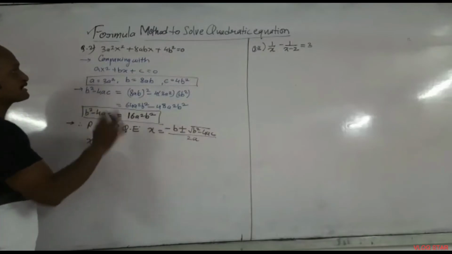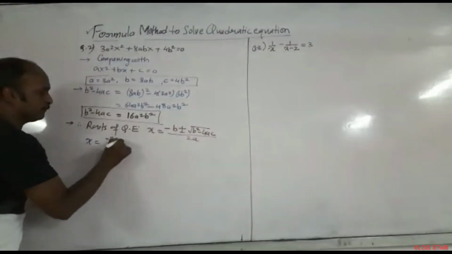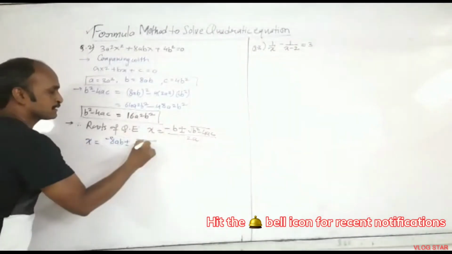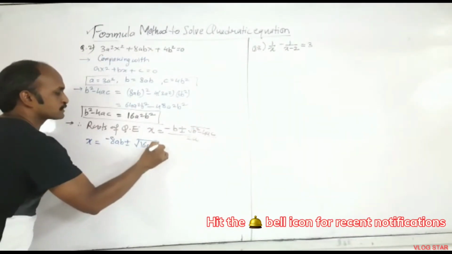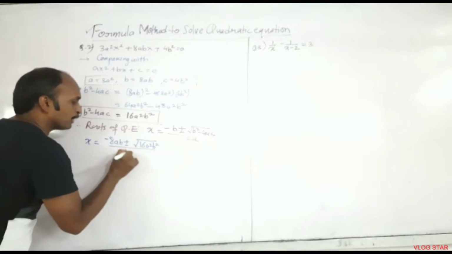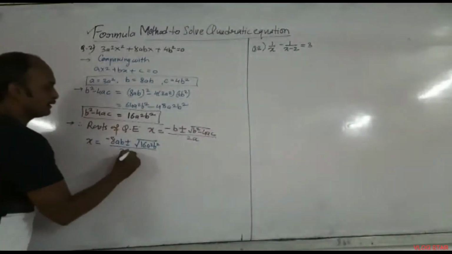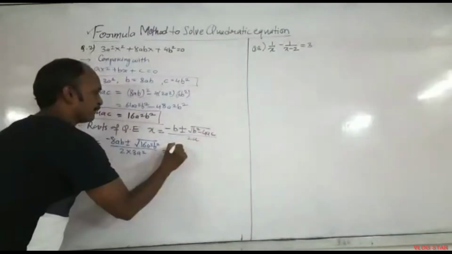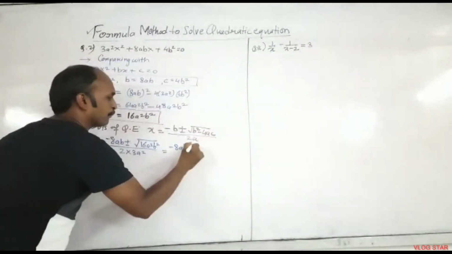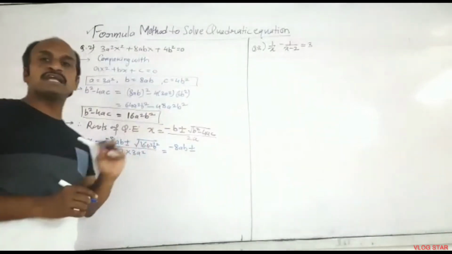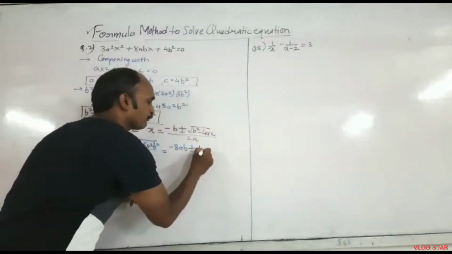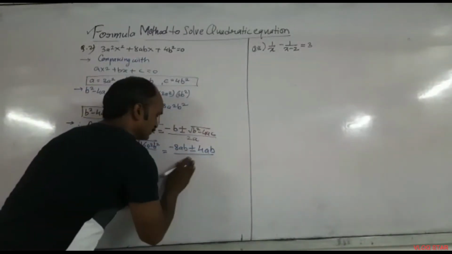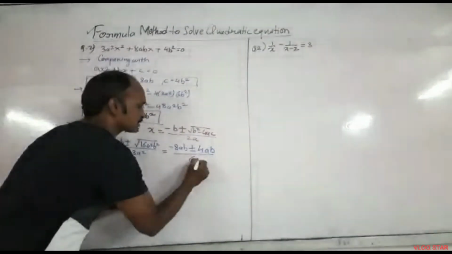Minus b, so minus 8ab ± √(b² − 4ac), which is 60a²b², divided by 2a. What is the value of a? 3a². So simplify this. Minus 8ab ± 16a²b² is equal to 4ab, that is square root, and 4 upon 2 into 3 is 6a².